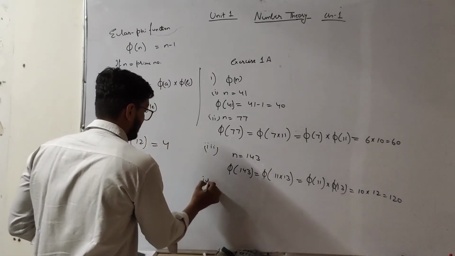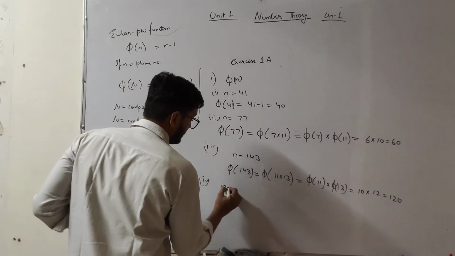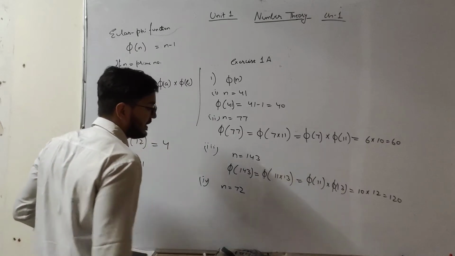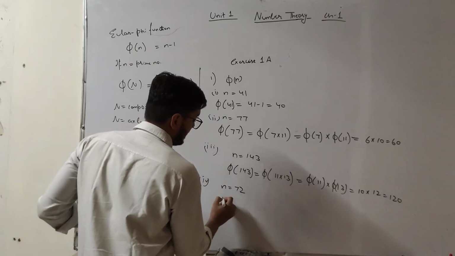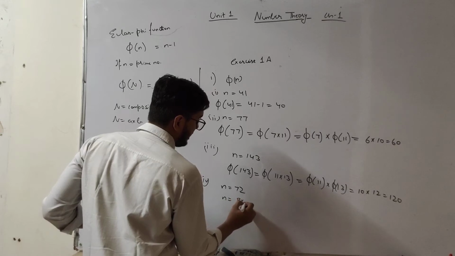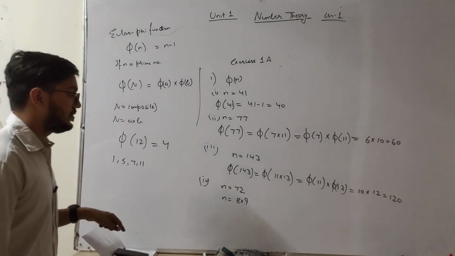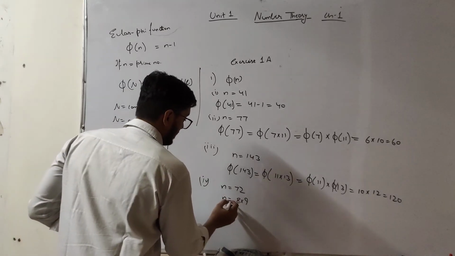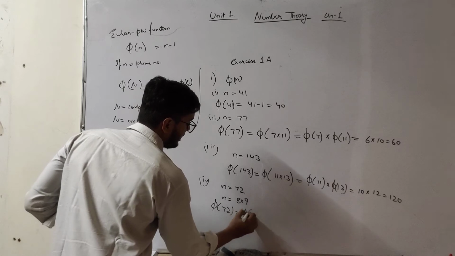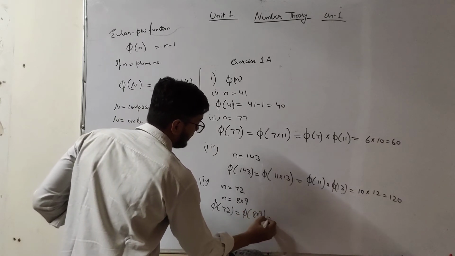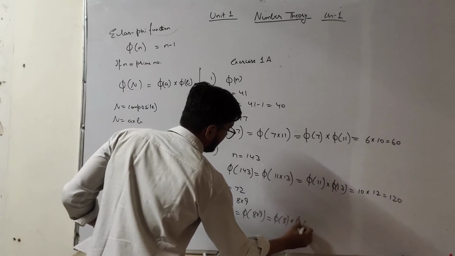Next, fourth part, we have n is equal to 72. Again we have to split 72. 72 can be written as 8 multiplied by 9, since 8 into 9 is 72. So phi 72 is phi 8 multiplied by phi 9.